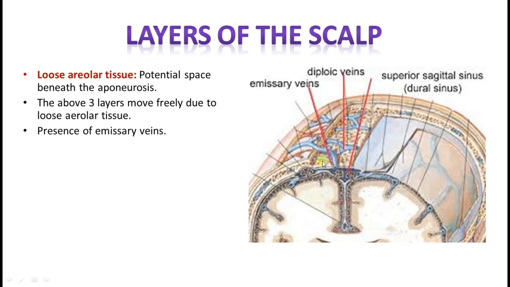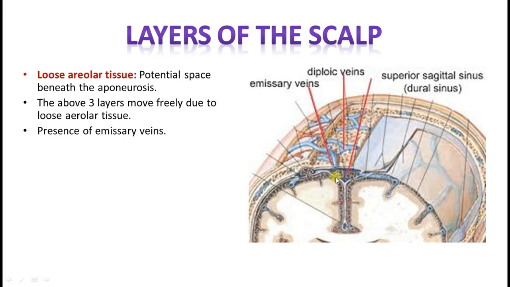So in the scalp, you have the parietal emissary veins, the diploic emissary veins, sorry, the mastoid emissary veins. Their main function is to connect the veins of the scalp with the intracranial venous sinuses.